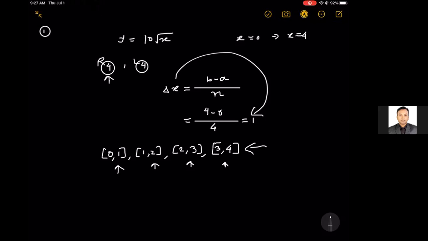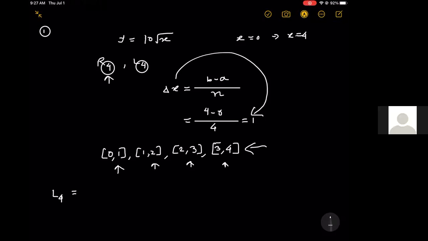So what's the formula? Let's do the left Riemann sum first. What's the formula for left Riemann sum? Anyone? Formula for left Riemann sum.